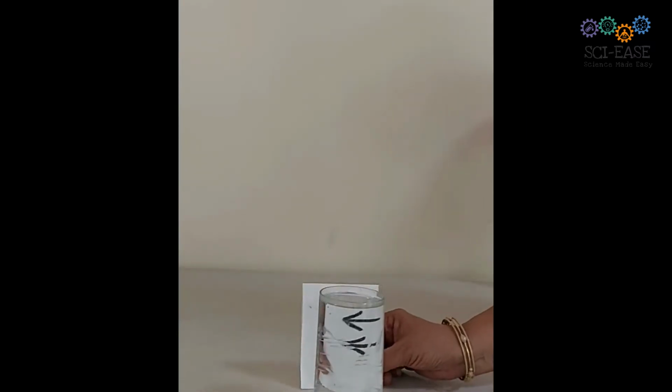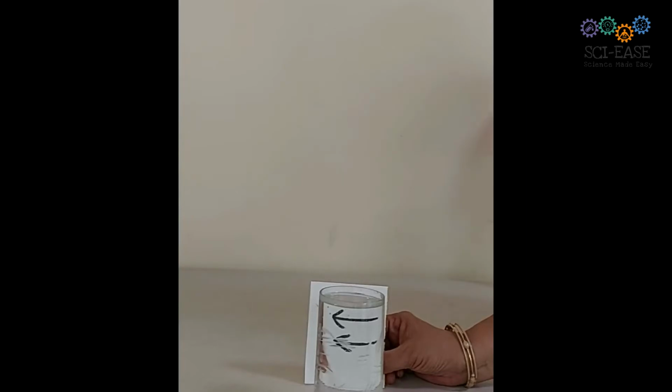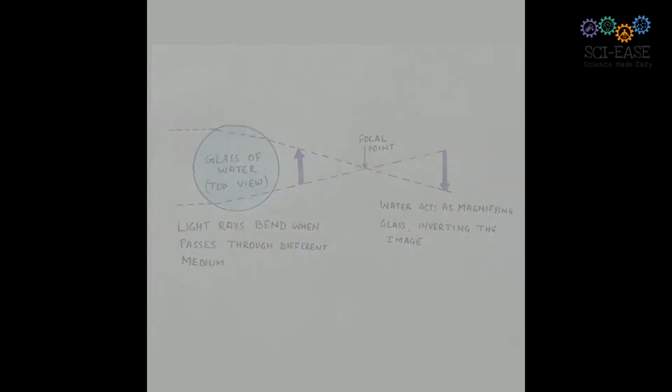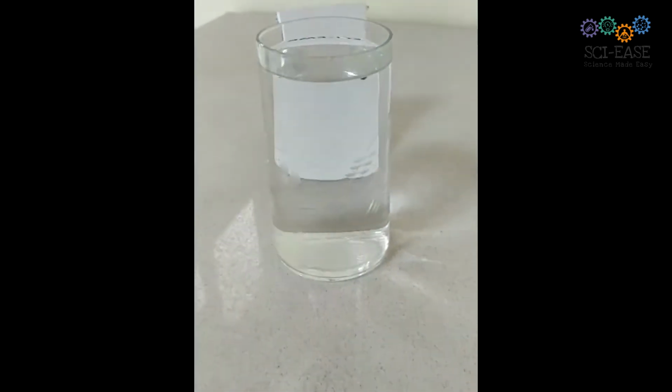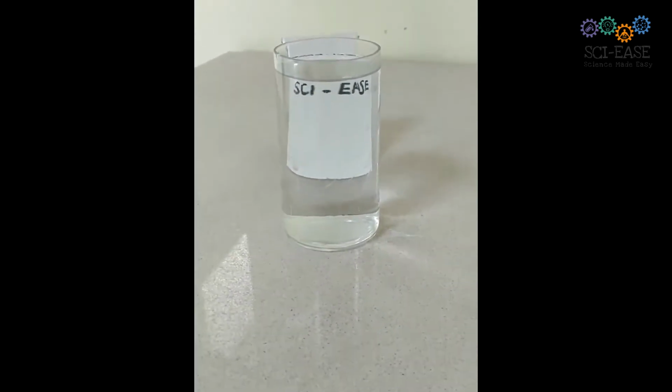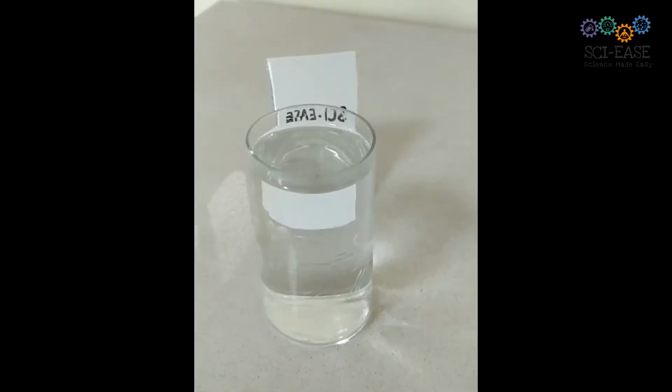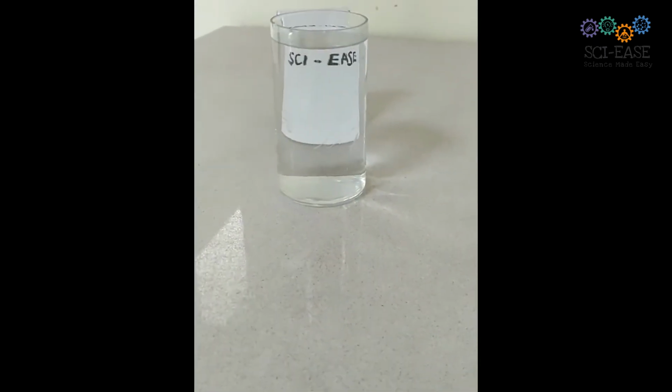So when light passes from one material to another, it bends or refracts. Thus, in this case, the glass of water acts as a magnifying glass, and when light goes through a magnifying glass, the light bends towards the center, which is the focal point, beyond which the light rays pass in the opposite direction, thus reversing the image.